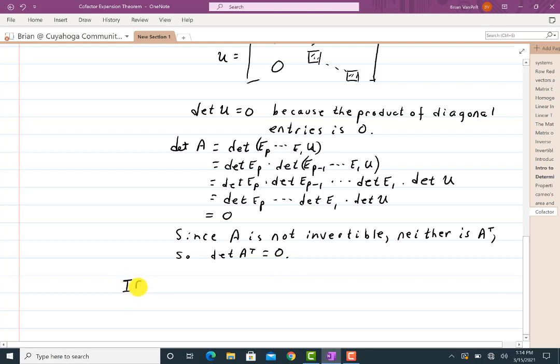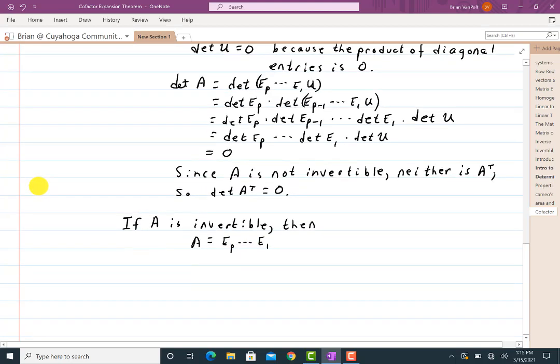Now, if A is invertible, then we're going to be able to write A as a product completely of elementary matrices like so. And then when you take a look at its determinant, I'll be able to peel those off one at a time.